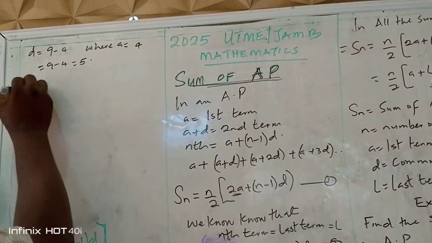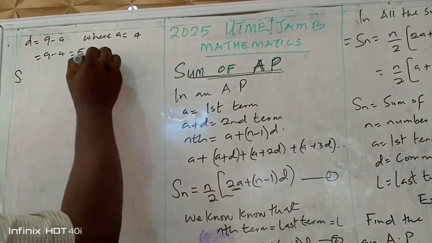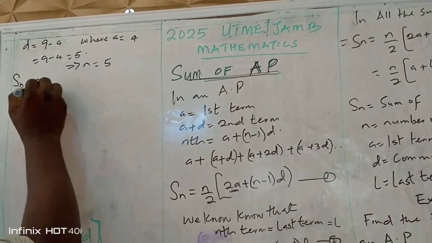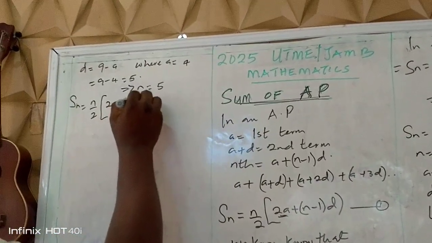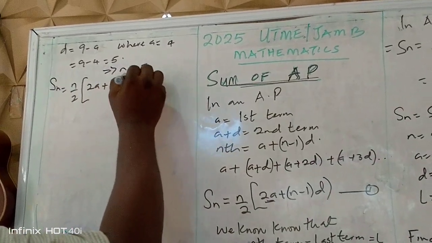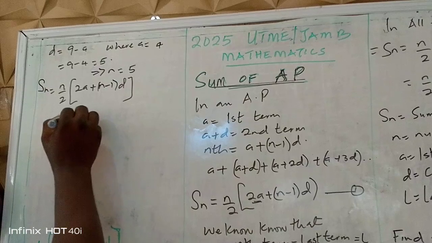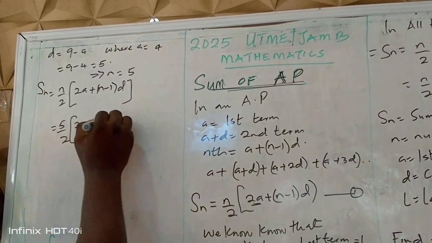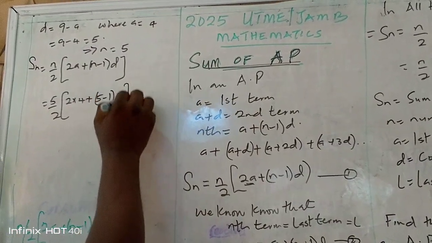So sum of the fifth term means that n is 5. So the sum will now be n over 2 into bracket 2a plus (n minus 1) d, close the bracket.